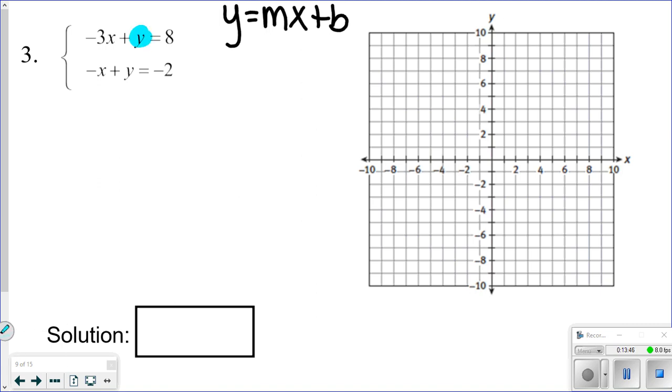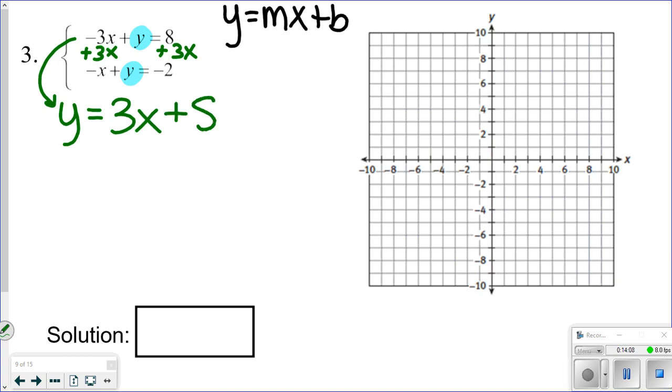You just need to isolate your y. Get your y by itself. So you're moving your x's. So you're going to add your 3x. So y equals positive 3x plus 8 would be the first line that I'm going to let you graph on your own.